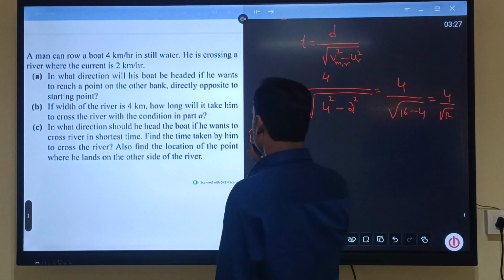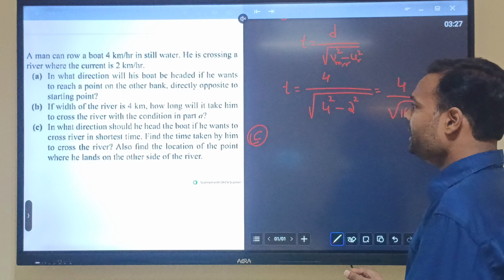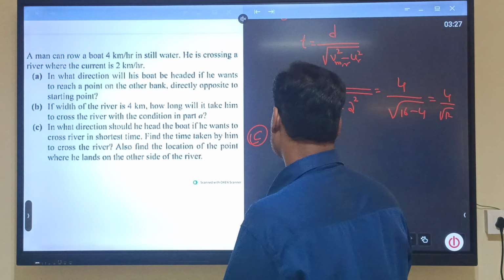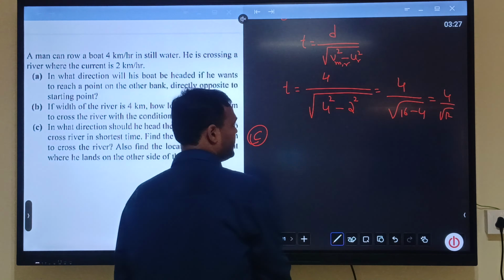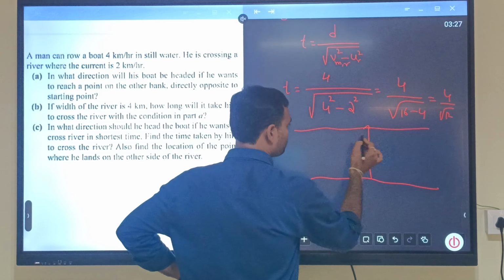Then part C, in what direction should he head the boat if he wants to cross the river in shortest time? Now for shortest time, the condition is sin theta should be maximum.